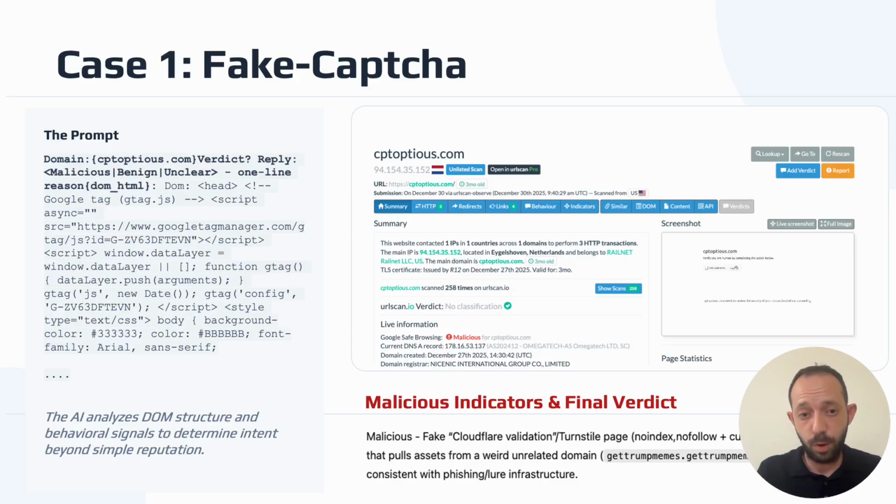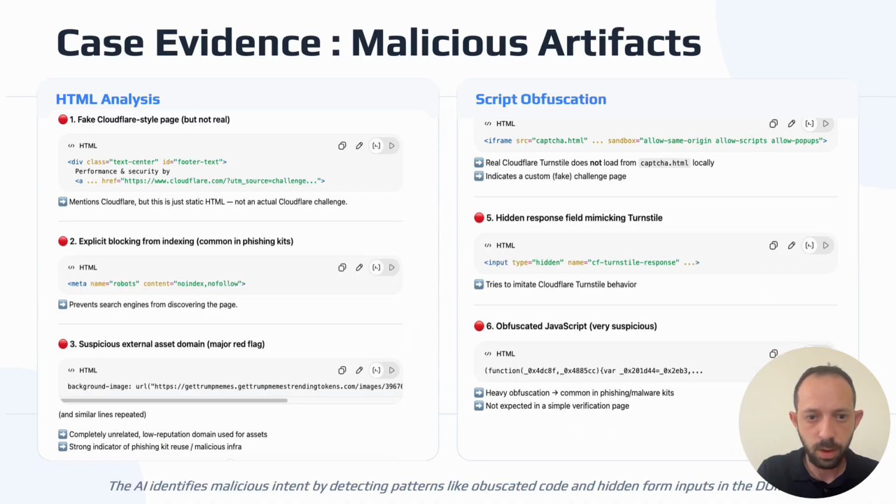This is a true positive, and this is a real fake CAPTCHA. So in that case, the AI investigation, the AI analysis, was totally correct. Now let's move on and break down all the malicious artifacts that the AI analyzed.